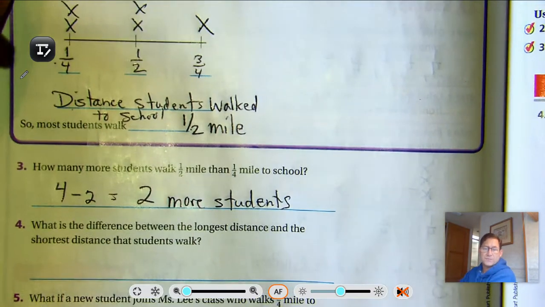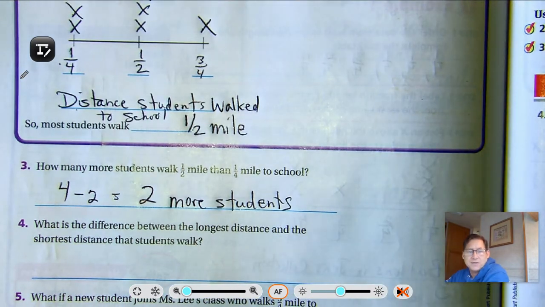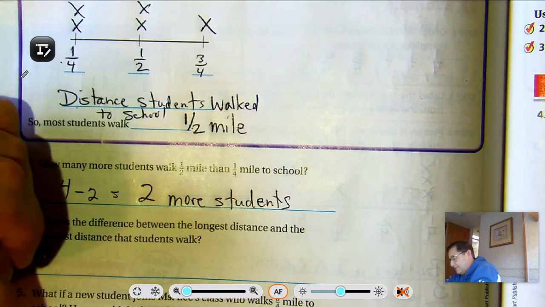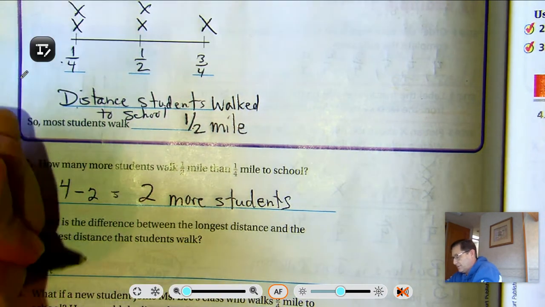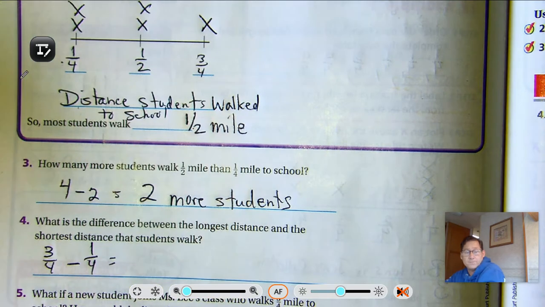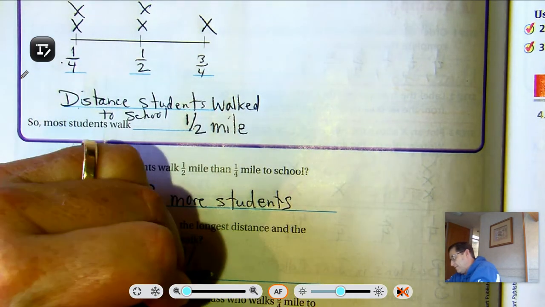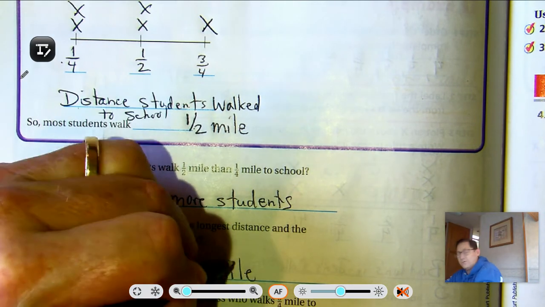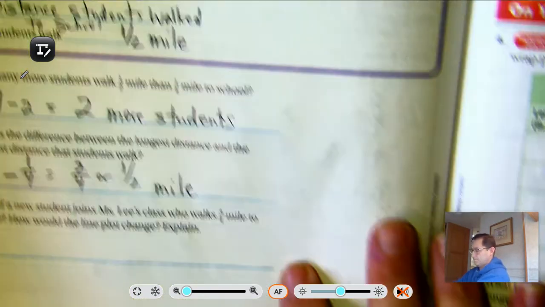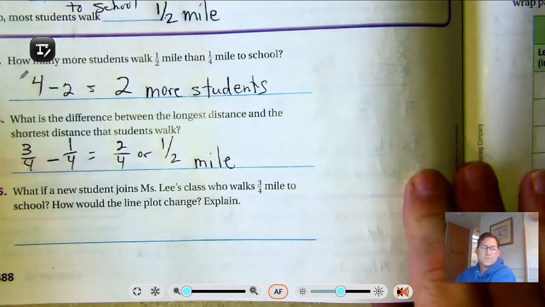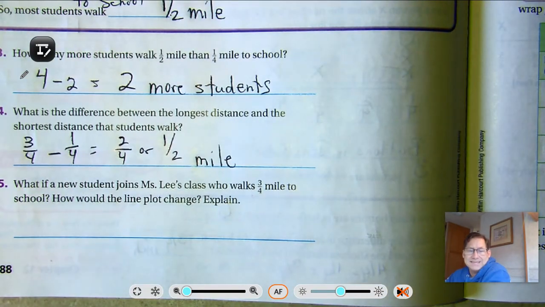What is the difference between the longest distance and the shortest distance? The greatest distance is 3/4. The shortest distance is 1/4. So 2/4 or 1/2 mile. What if a new student joins Miss Lee's class who walks 3/4 mile to school?